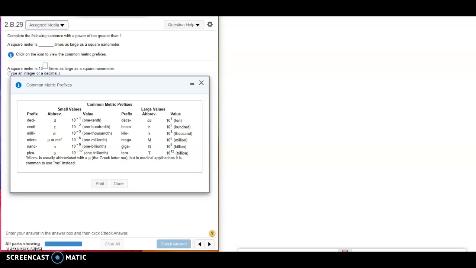Alright, so going back to my problem. I see that nanometer means 1 nanometer is equal to 10 to the negative 9th meters.